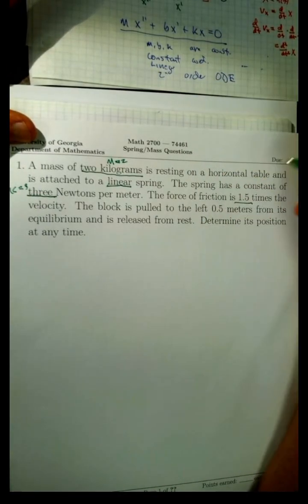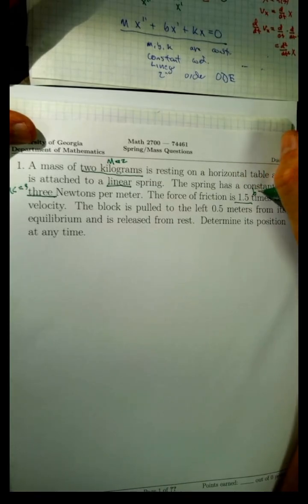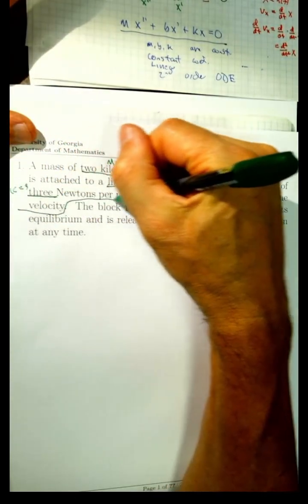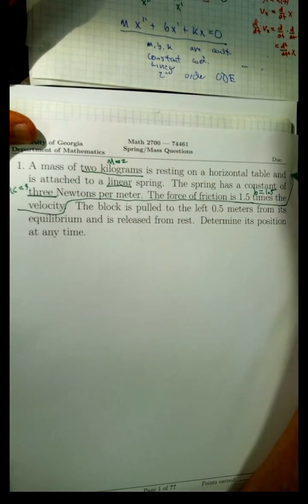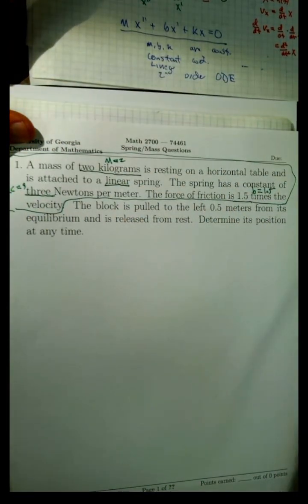And the force of friction is 1.5 times the velocity. So that means my b is 1.5. This information right here is telling me about the differential equation and what that's going to look like. The rest of this information is telling me what's going on with the system.